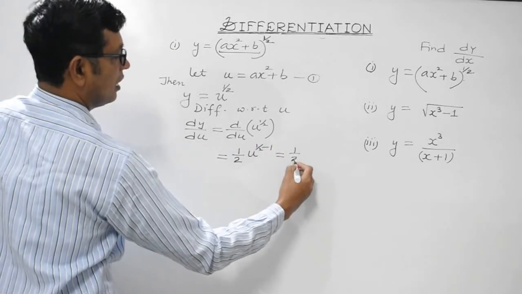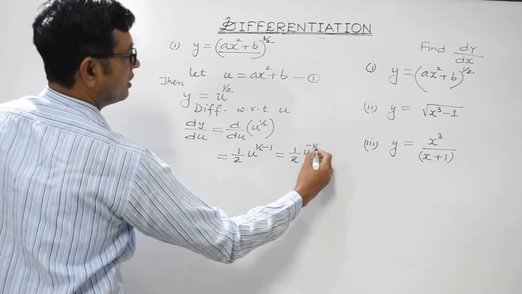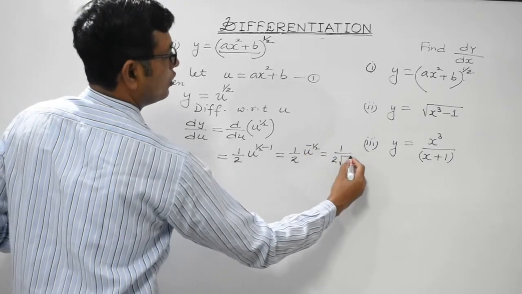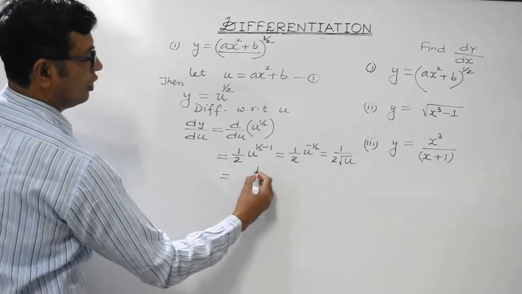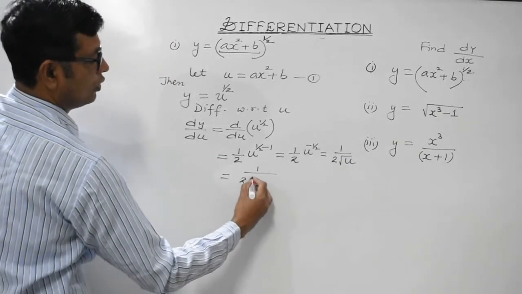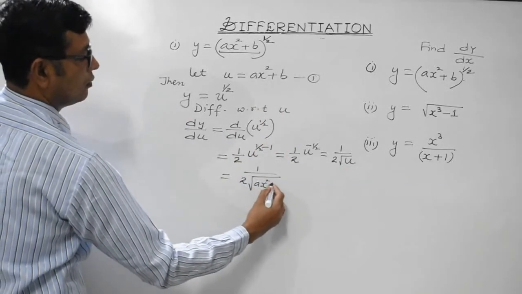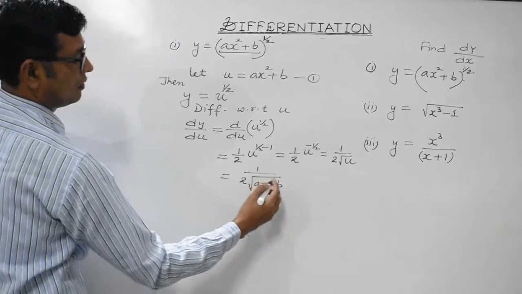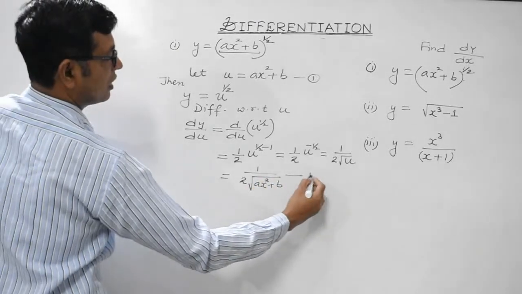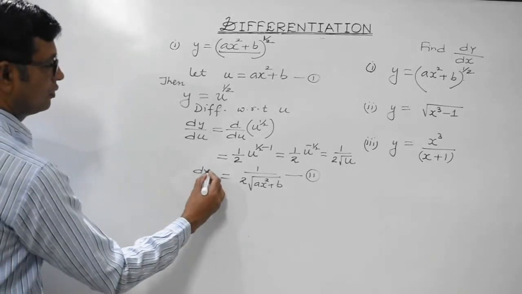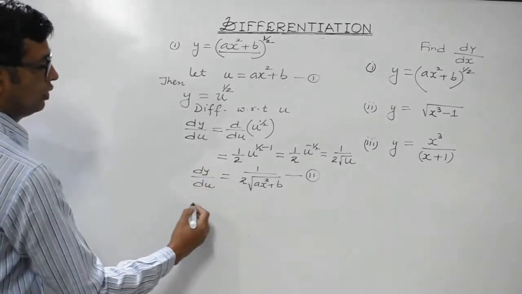That is half u to the power minus half, or 1 by 2 root u, where u is ax square plus b. Right? Put this as equation 2. This is dy by du.